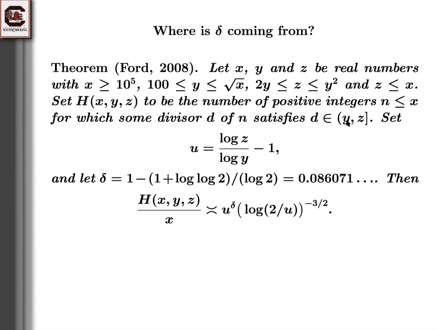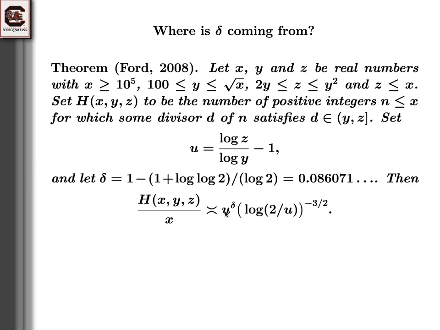The difference between y and z wasn't very much, making this an interval close to the kth root of x. That means u is going to be very close to 1. If you actually compute what u is, something close to 1, we're subtracting 1, it turns out to be around 1 over log x.